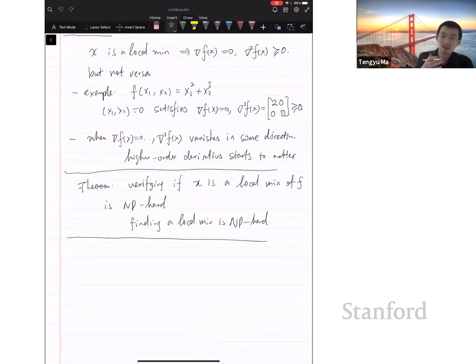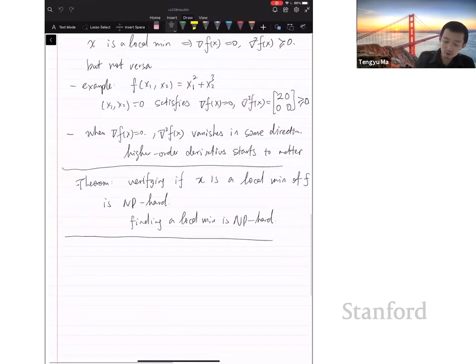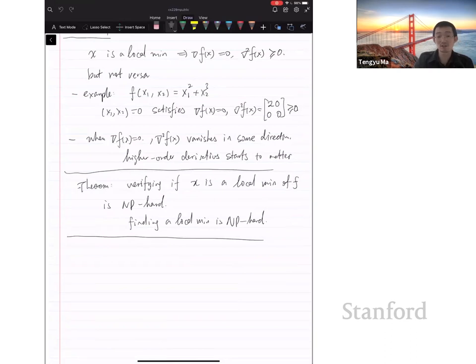So here is a condition called the strict saddle condition, and if you satisfy the condition, then you remove those pathological cases which require higher order derivatives.